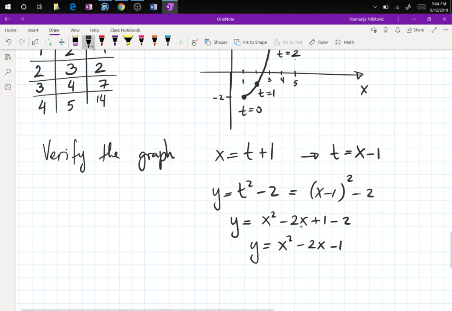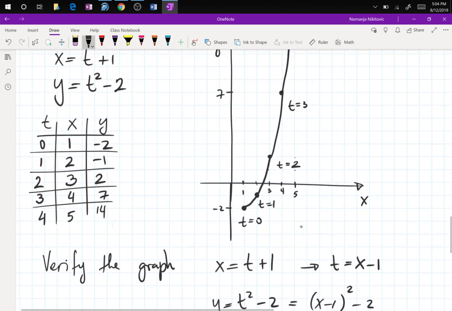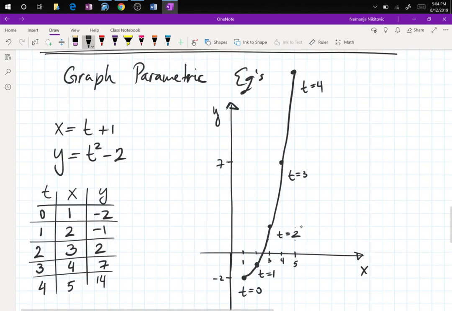Very important feature of the graph of parametric equations, which gives you a lot of points on the Calc 3 exams, is to realize that parametric equations have orientation. You see, if you have a two-dimensional xy graph, your two dimensions are x and y.